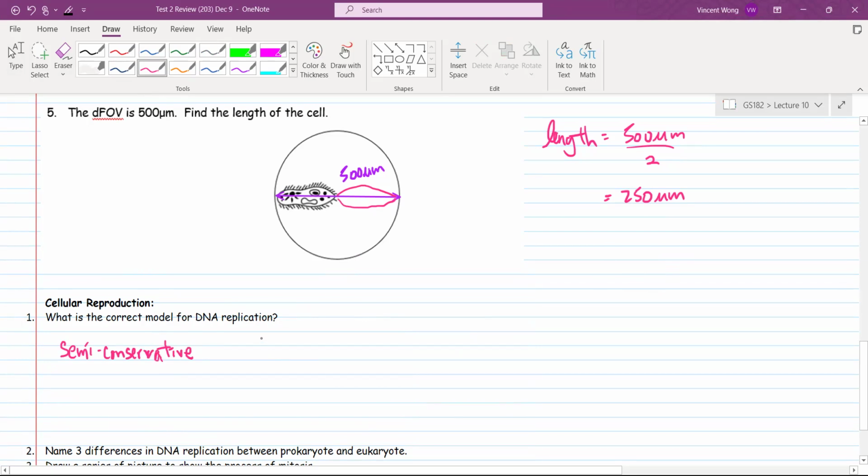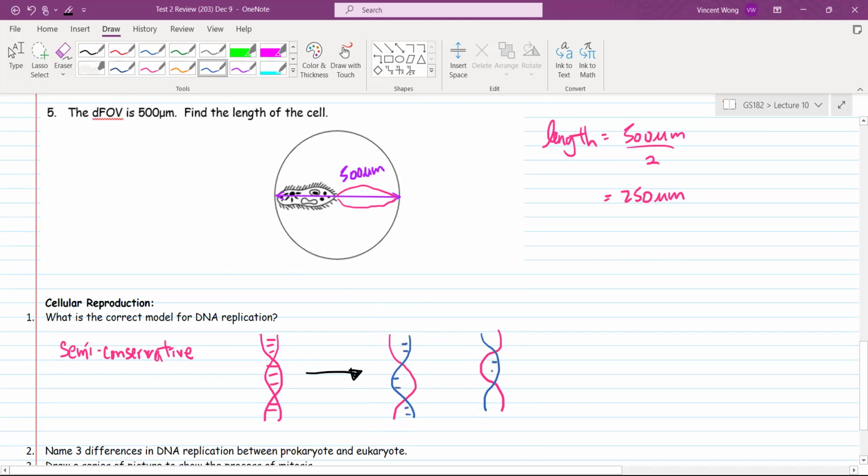Okay. Which means if you have this as your original DNA, afterwards you will have half a strand, or one half of the DNA, that's going to be the original material, and then the other half consists of new material.